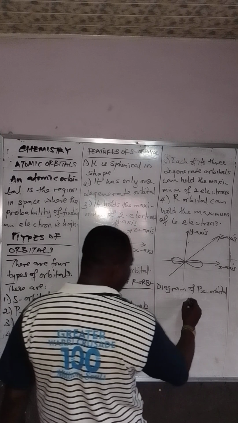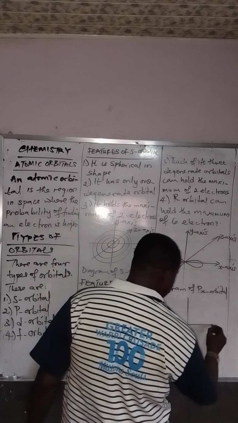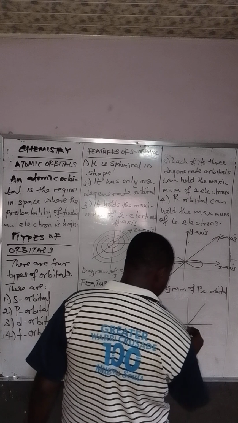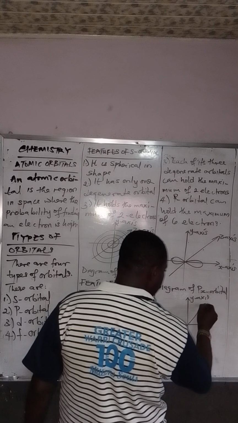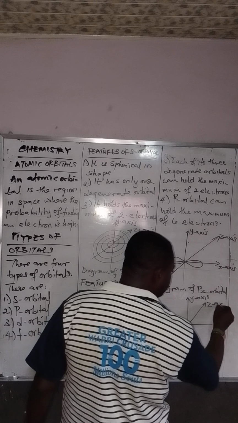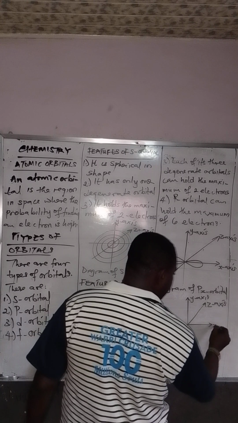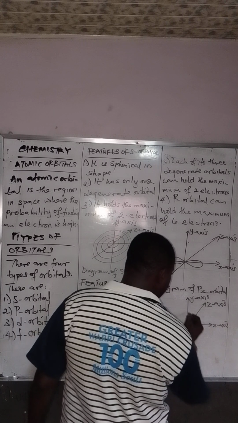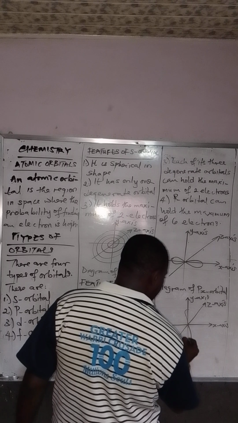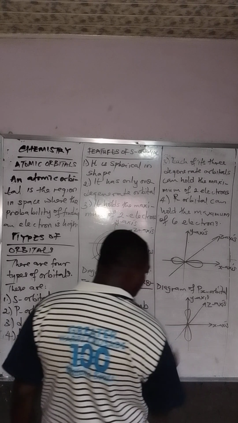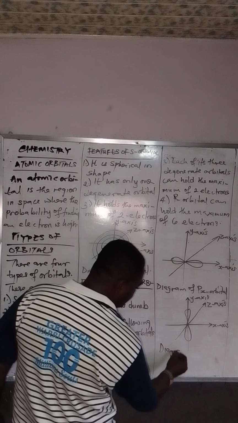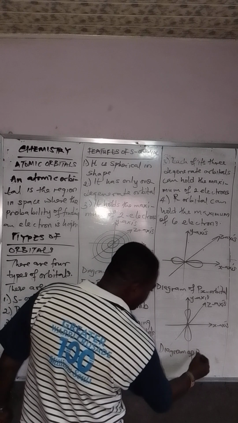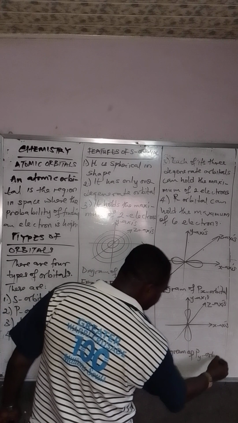Now, if I draw something like this, this is y-axis, this is z-axis, and this is x-axis, and I direct my dumbbell to the direction of the y-axis, what I have here is the diagram of Py orbital.